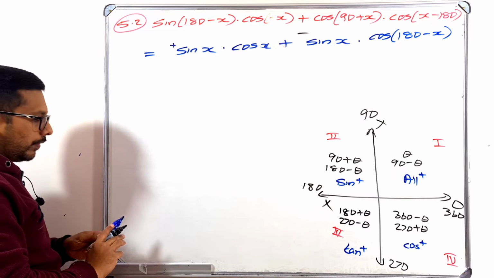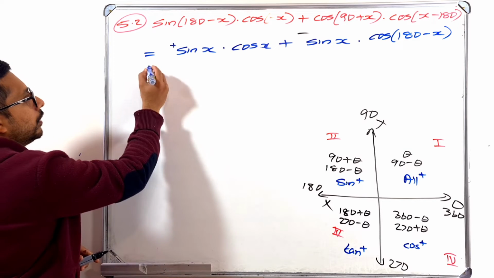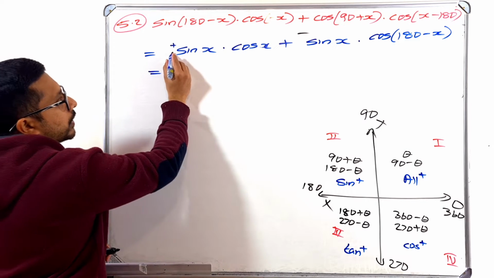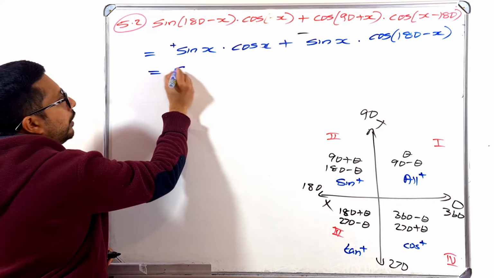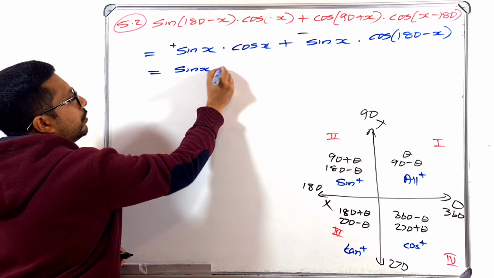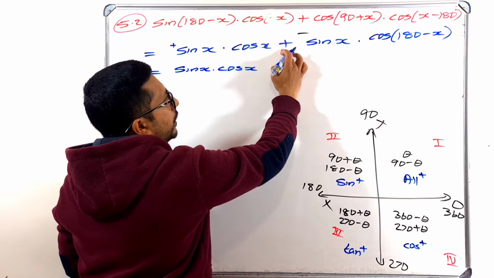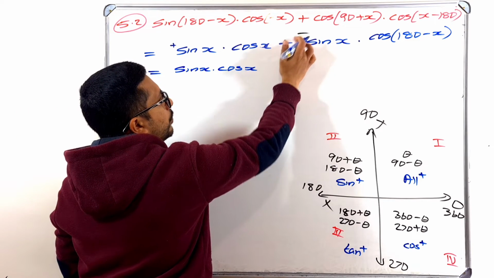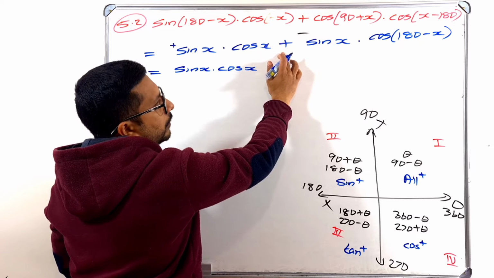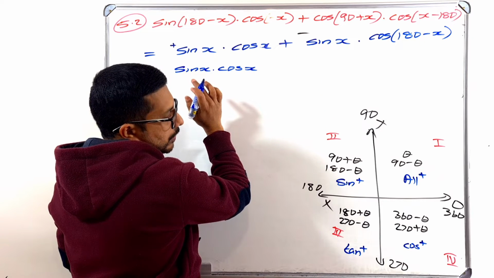Okay, so now what is this one? Next step, this is equal to positive sin x into cos x, then plus into minus is, what is plus into minus? Minus.